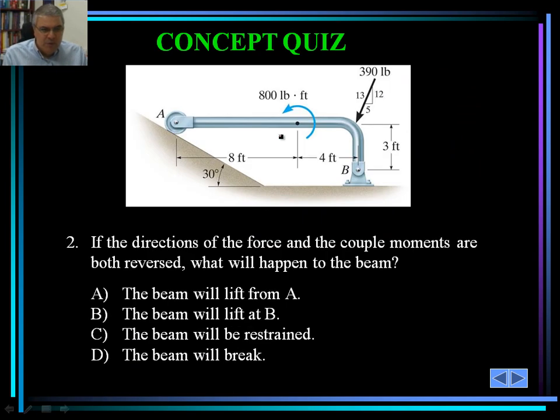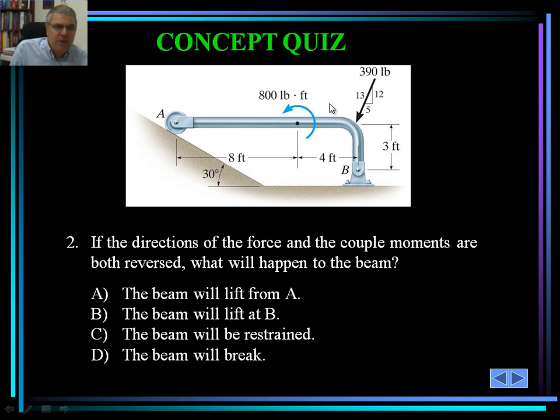Let's take a look at the next one. For the setup that's shown here, if the direction of the force and the couple moment are both reversed, what will happen to the beam?